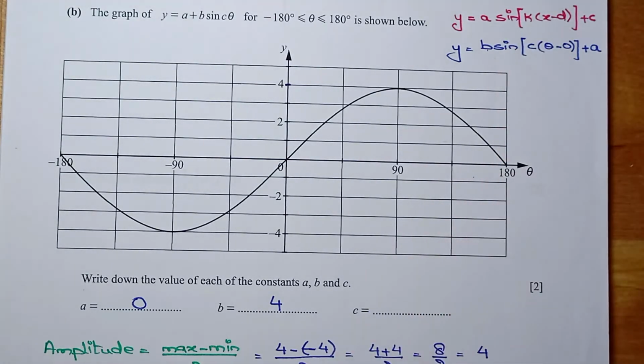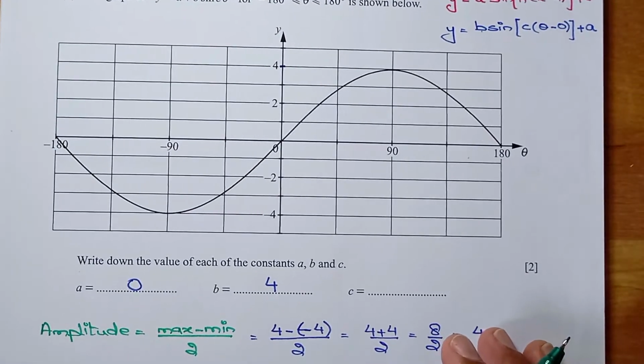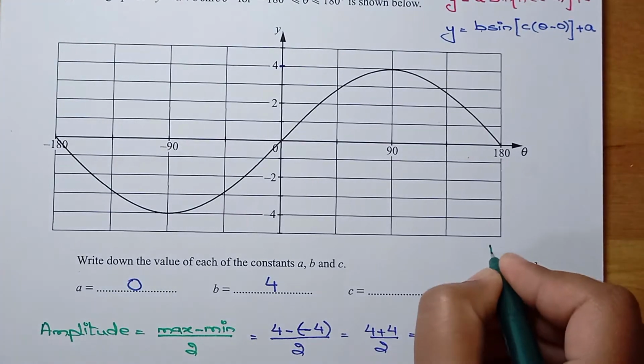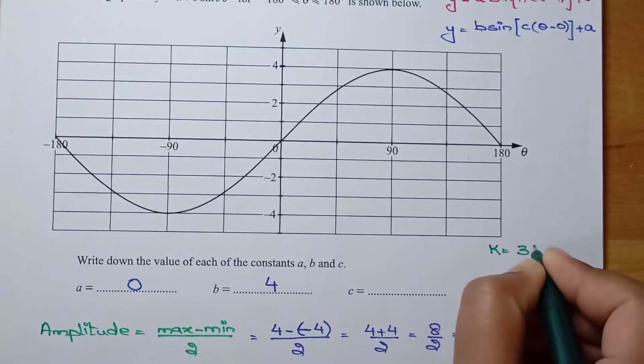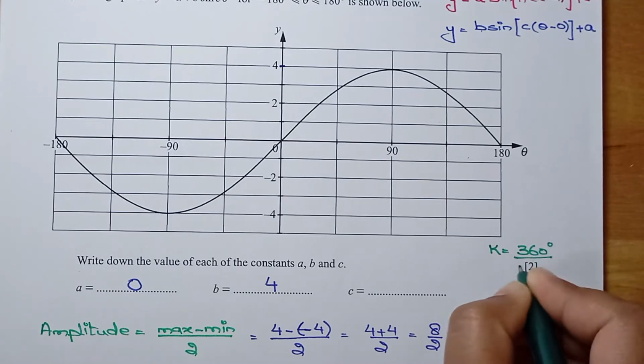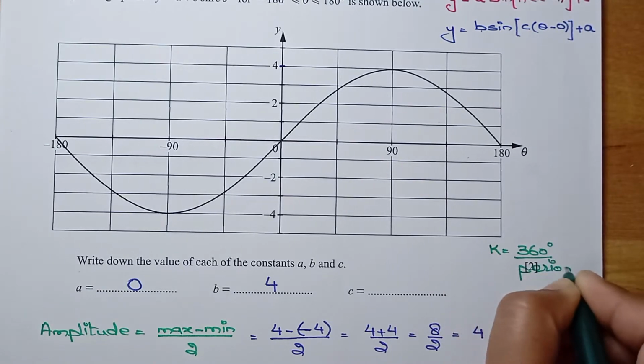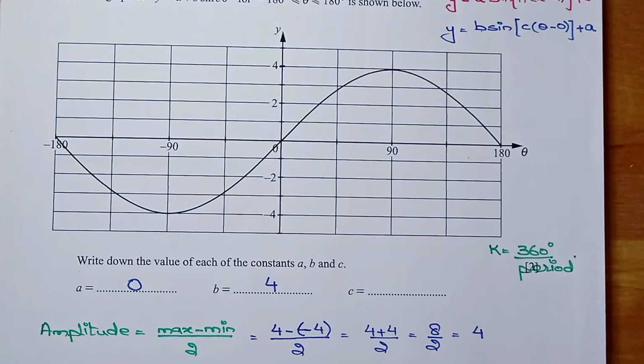And how can you find the k? Like I explained to you in the a part, k we can find by using the period, right? So we can get the k value by using the formula that k is equal to 360 degrees divided by period. Okay, now how can you find out the period?